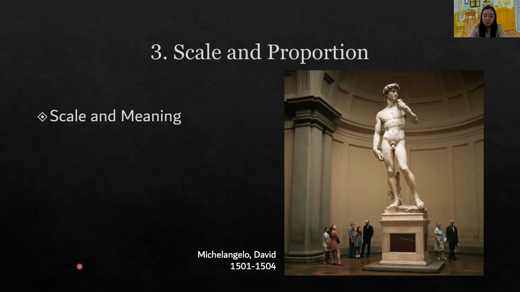Michelangelo's David looks like a hero and grand. The statue is much larger than life size because Michelangelo used a monumental scale to indicate heroism. So like this David statue, scale can be used for showing meaning in art.